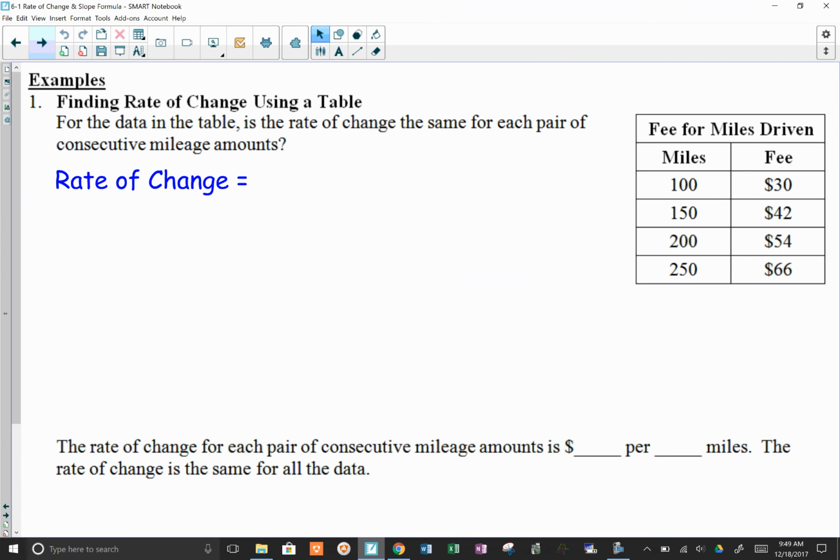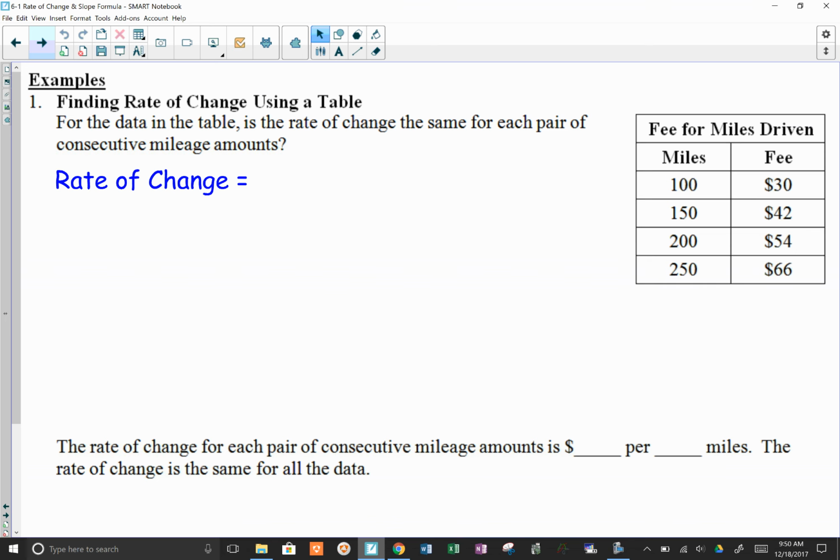So the first example we're going to go through is finding rate of change using a table. So we're asked, in this table, is the rate of change the same for each pair of consecutive mileage amounts? Consecutive just means the ones that are next to each other in the table. So first thing we have to do before we can even start finding rate of change is figure out what are the independent and dependent variables.